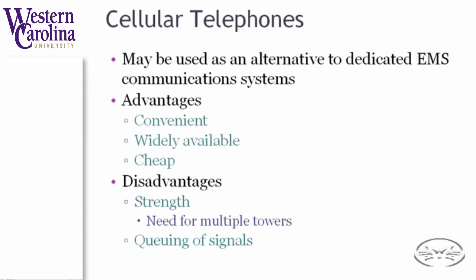So if you've got an emergency call and you need to get through quickly, you may find that the tower is overloaded and not able to handle your call. Now, there are some solutions. Many paging systems are beginning to give priority to certain types of phones, and I'm sure there's probably the same ability to give queuing priority to emergency services.